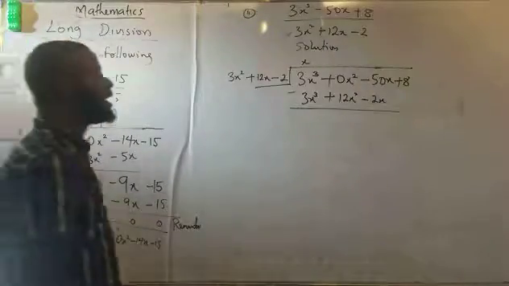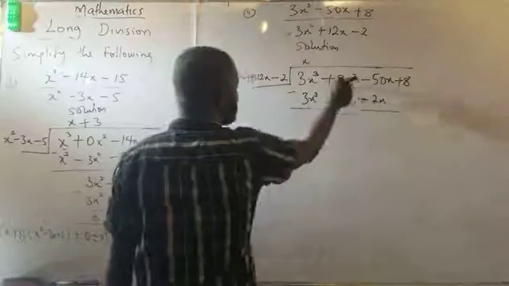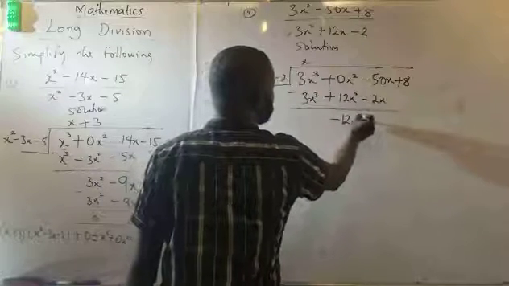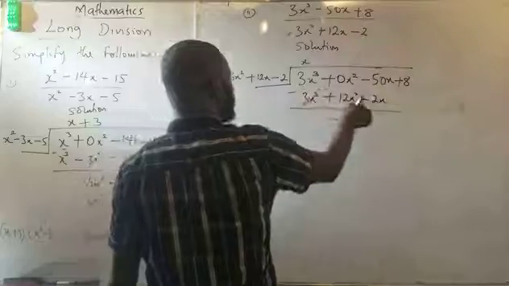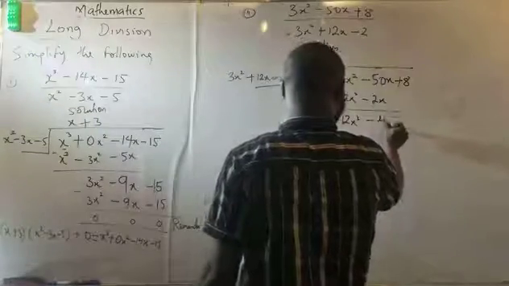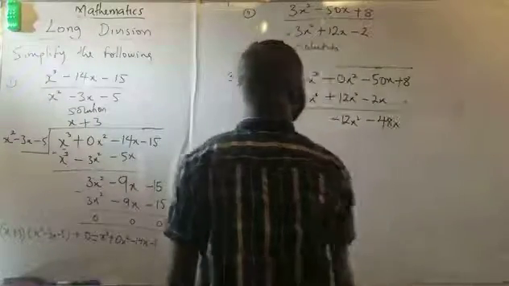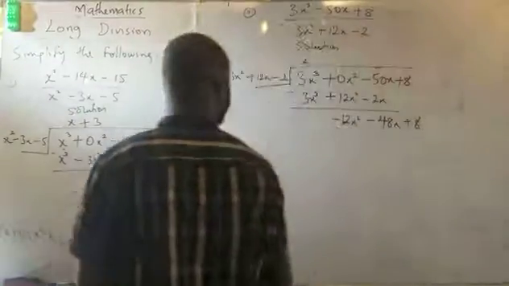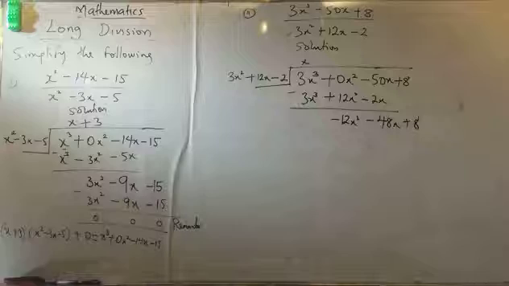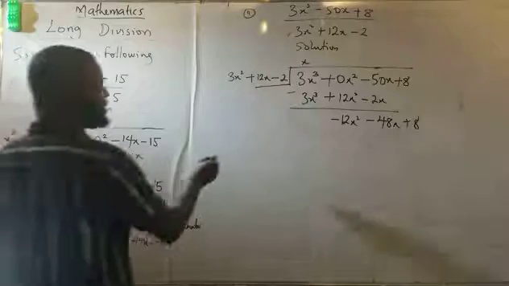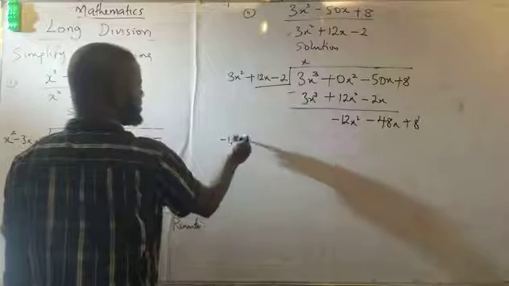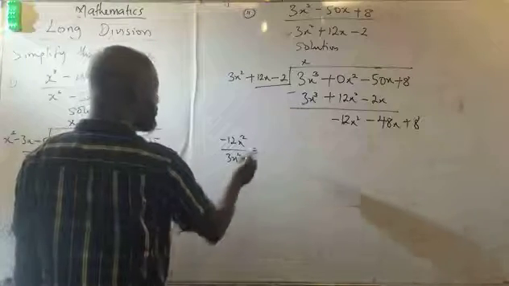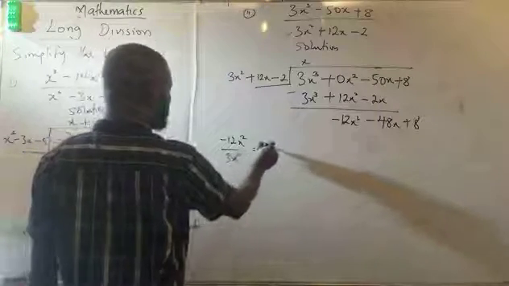And from here, I can have 0. This will give us minus 12x squared, and minus 48x, and here will give us plus 8. Now to come down, for me to move on, I will move on again by saying that minus 12x squared divided by 3x squared, which will give us minus 4.